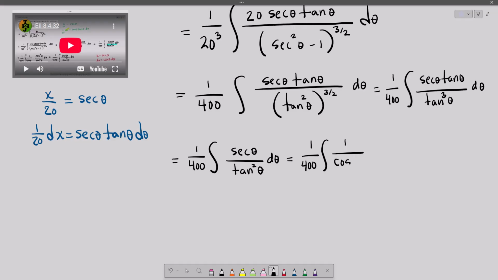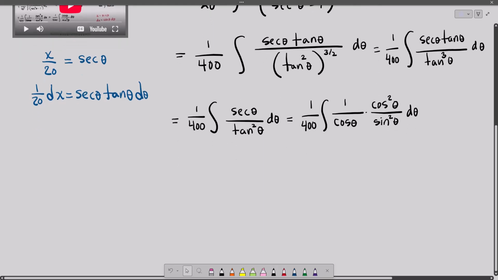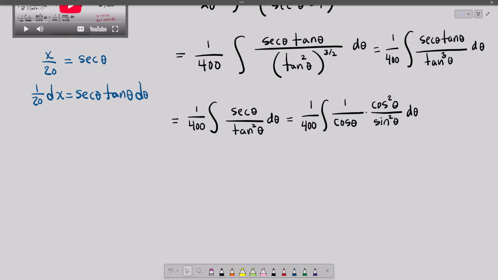So 1 over cosine, that's secant. And then tan squared is sine squared over cosine squared, but we're dividing by it, so we're going to flip it. So it's going to be cosine squared over sine squared. So we have that. One of the cosines will cancel, and we'll be ready to rumble.